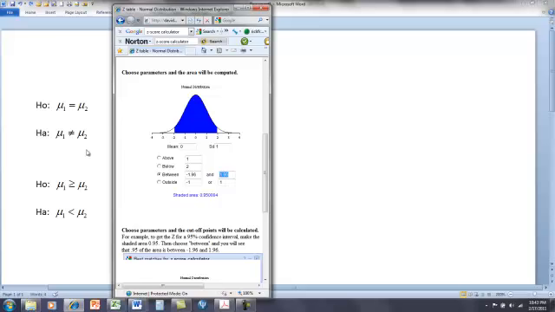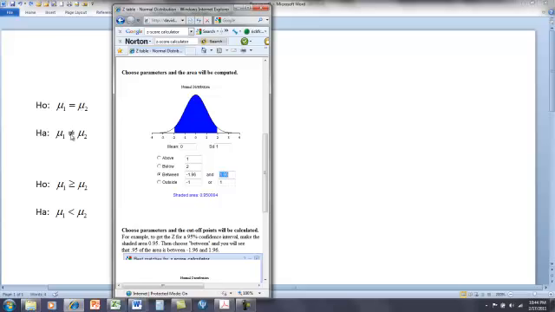And so let's just say that this is a teaching method in which you have the old math and the new math, and you say that it doesn't matter which way that you teach, the mean of population 1 using old math, their mean on, say, a state test, is going to be equal to the mean of the math test for students who get new math.